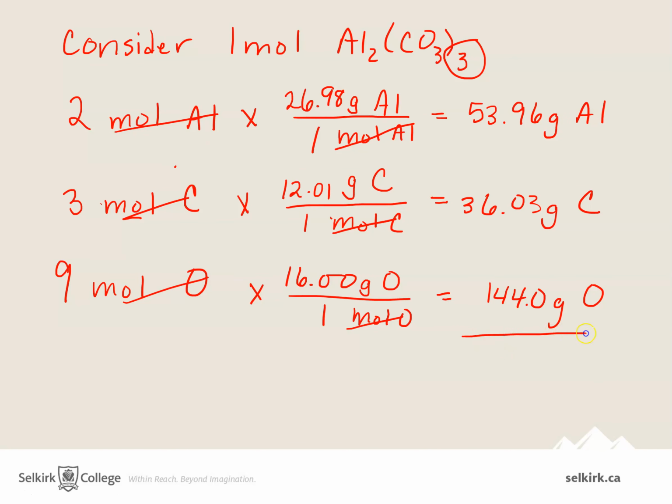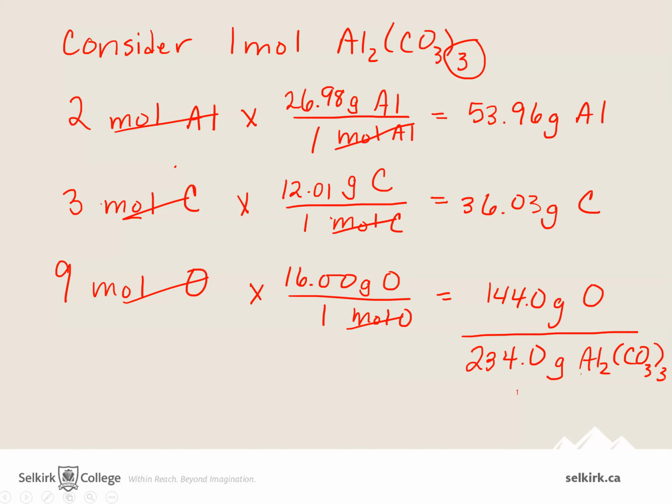All I have to do is add up the masses of the elements, and I'll get the molar mass of the compound. And 234.0 grams of aluminum carbonate in 1 mole.